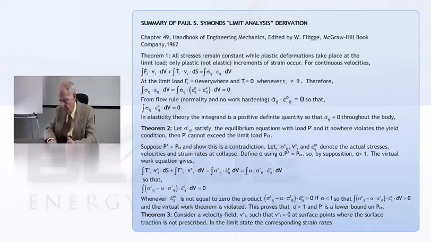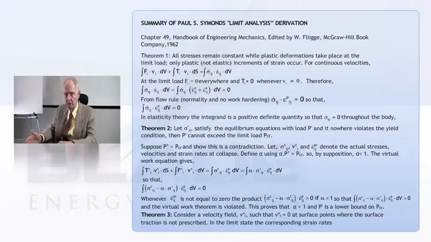Now, sigma ijc is the actual solution. You don't know it, but you don't need to know it. It's the actual solution. And what he's trying to do is compare a statically admissible solution with the actual solution.